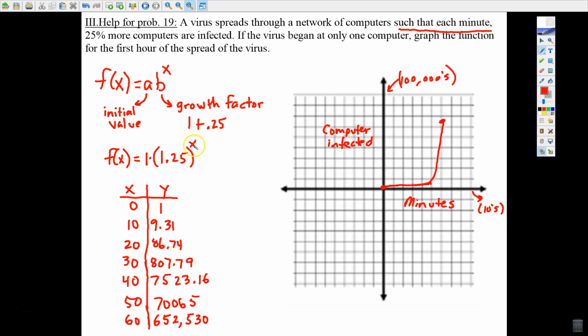And then X for these word problems typically represents a unit of time. So read your problem and see if the growth is happening each hour, each day, each month, whatever it is. That will be your input for X, and so you'll need to label your x-axis accordingly.